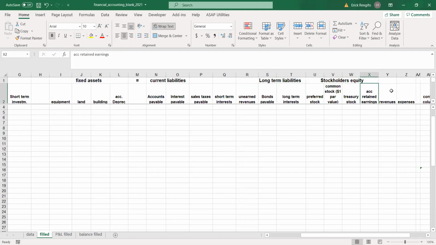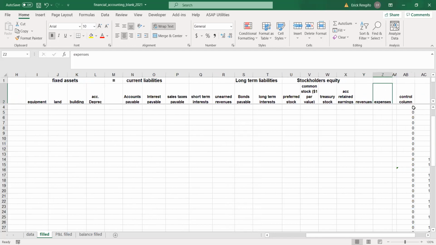Close to it, I will create two columns. One is called revenues, and the other is called expenses. Just by rule, revenues are always positive, expenses are always negative. This is the trick here. Then finally, I give you a control column.